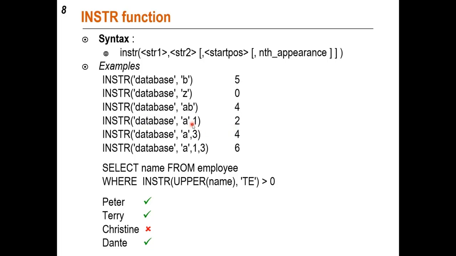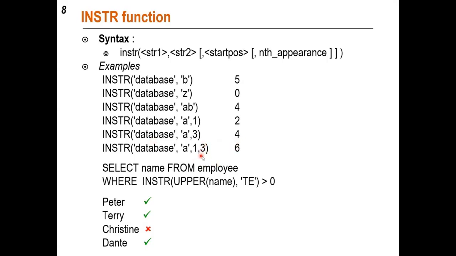Number 1 means the starting position. In this one again for letter A, the starting position is number 3. So if I start from here, the letter A is located very next to it, which means the 4th position. So this A starts at the 4th position.